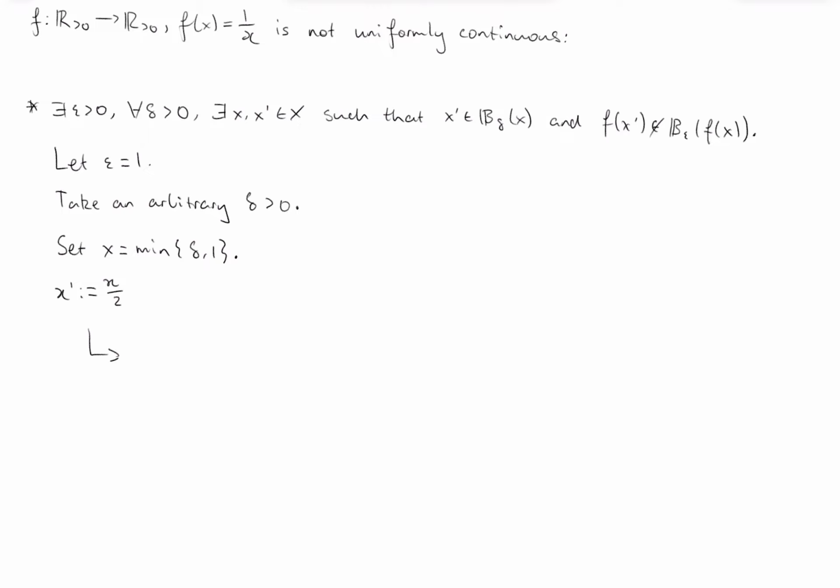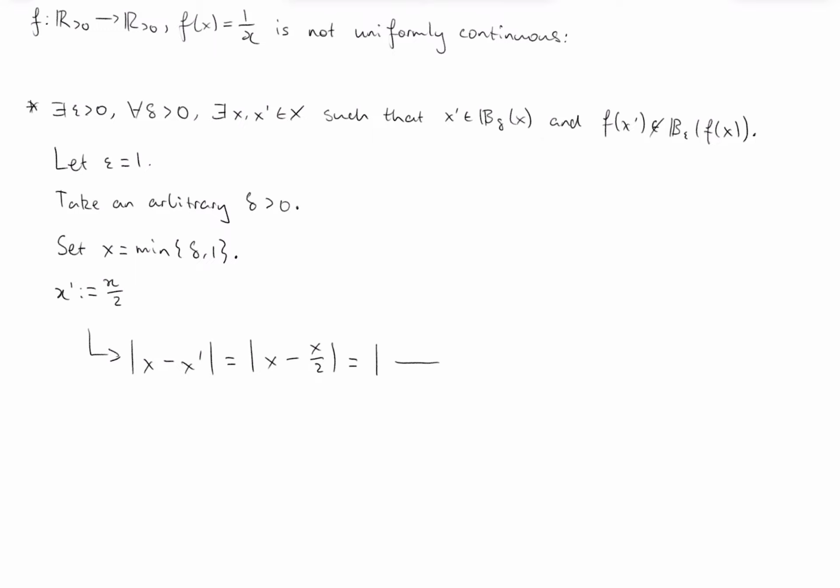If we take the distance between x and x prime, because we want this to be less than delta, well, given our choice of x prime, it's x over 2. So it's just going to equal x minus x over 2.